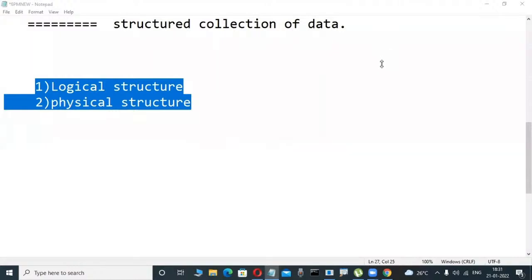Anybody? Some fellows are telling logical structure means logical structure, physical structure means physical structure only. No, don't tell like that. What is logical, what is physical? It is very easy.